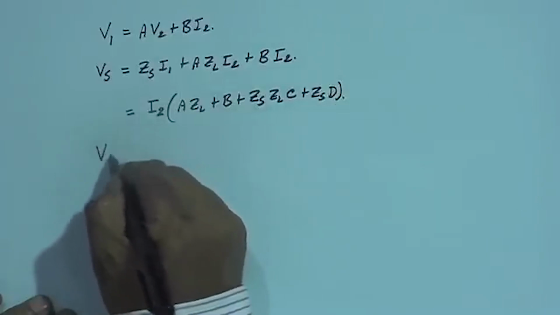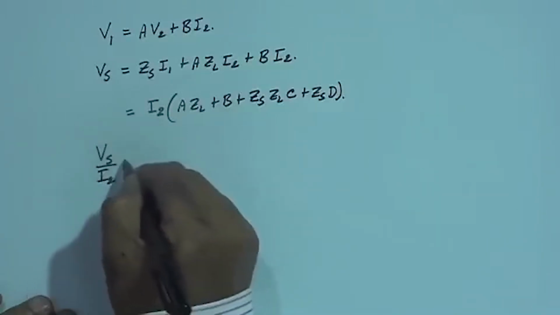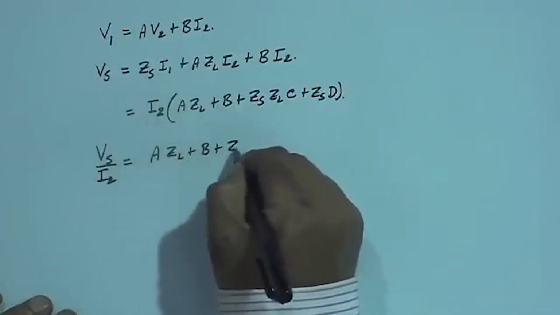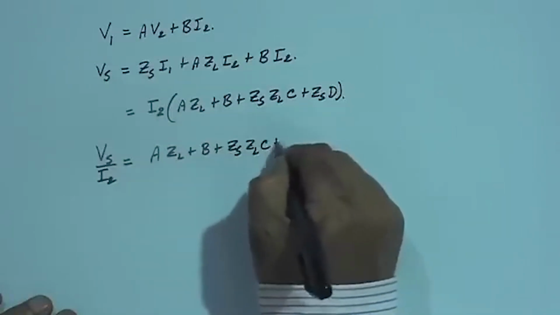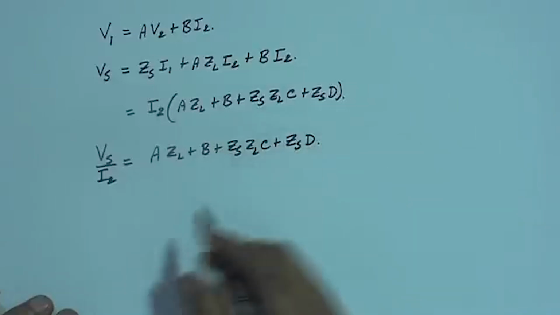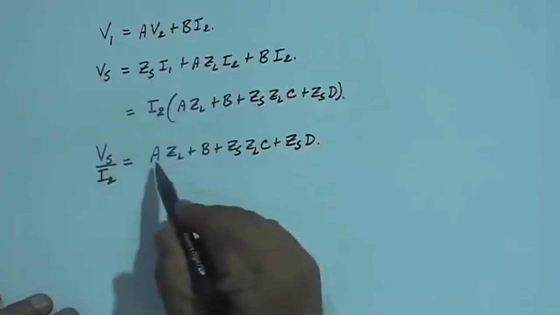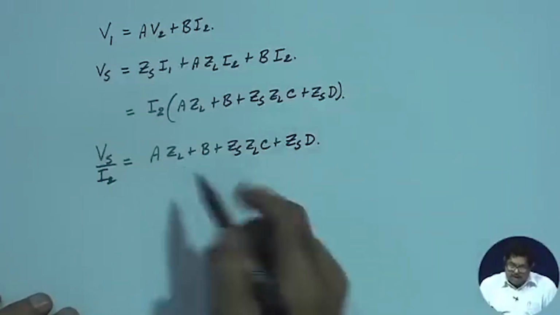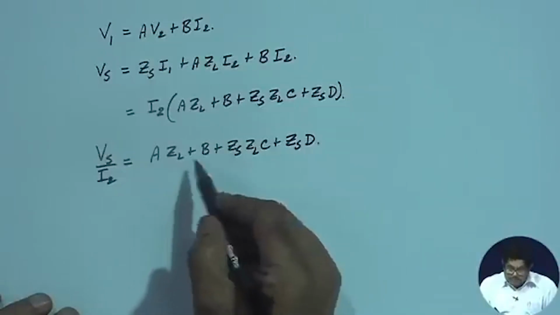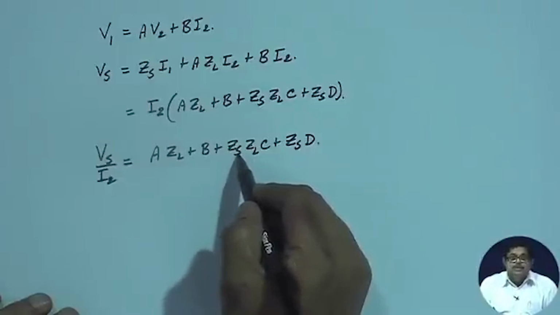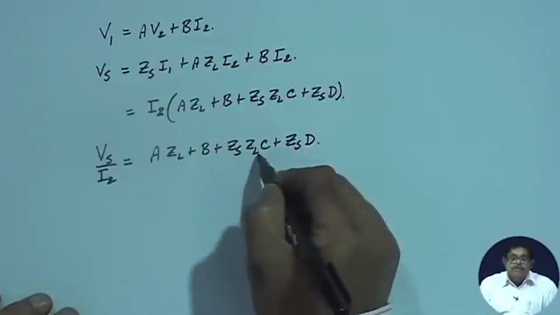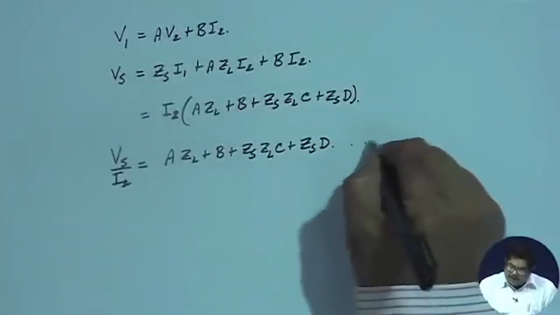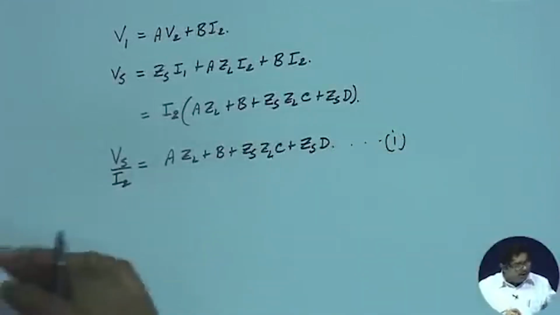So, my transfer impedance Vs by I2 is equal to A Zl + B + Zs Zl C + Zs D. You see the transfer impedance depends on all 4 parameters A, B, C, D of the 2-port network, and also on the internal resistance of the source and the load impedance. Let us consider this as equation number 1.